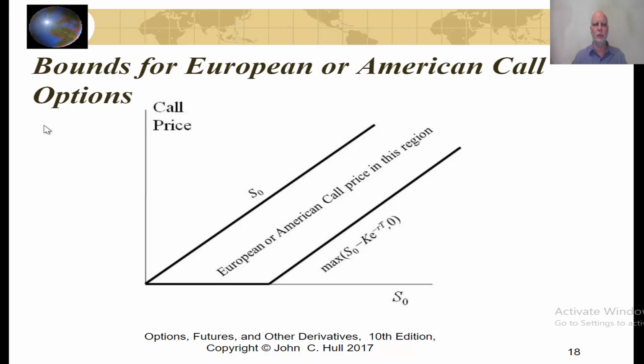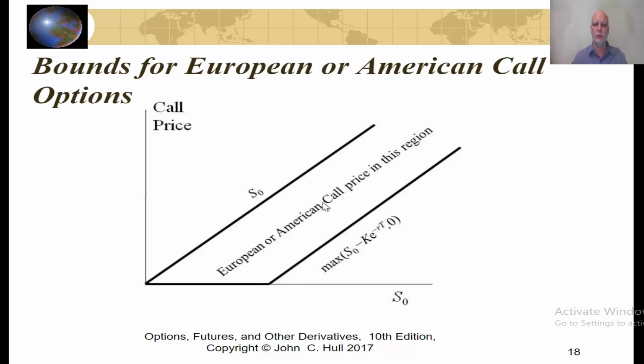As a graphical summary so far, we can look at the bounds for European or American call options, which will be the same in the case of no dividends being paid, since there is no incentive to exercise an American call early if no dividends are being paid. So if we look at a graph of the call price versus the current stock price, the lower bound for the price of both the European or American call is going to be the maximum of the stock price minus the present value of the strike price, comma 0, or a graph that looks like this.